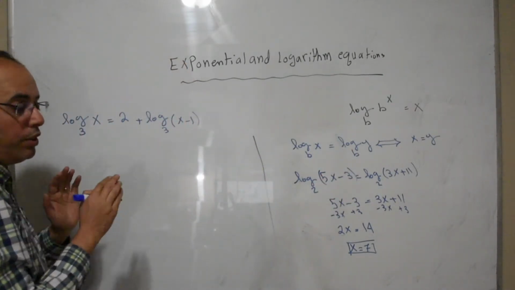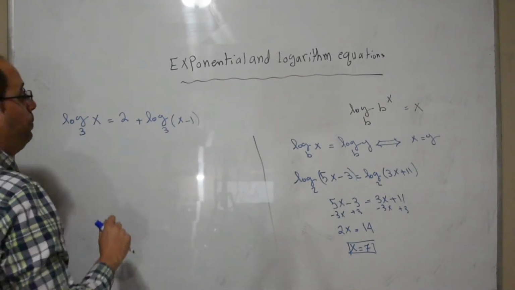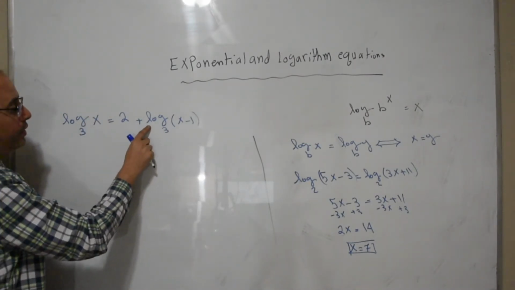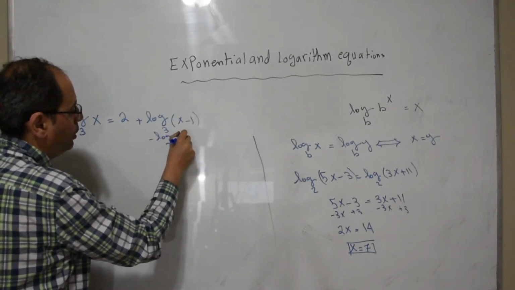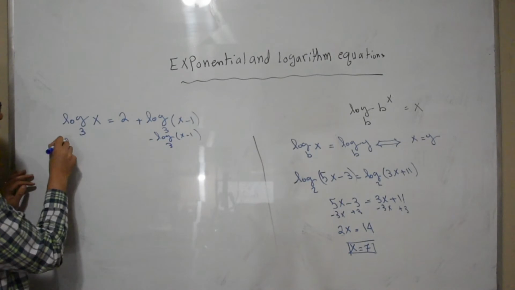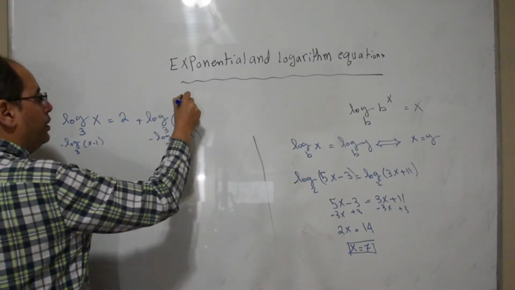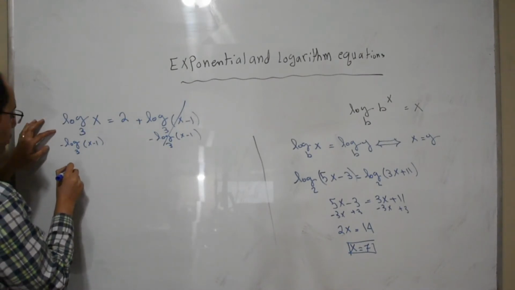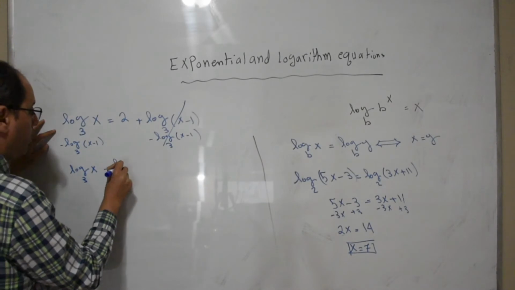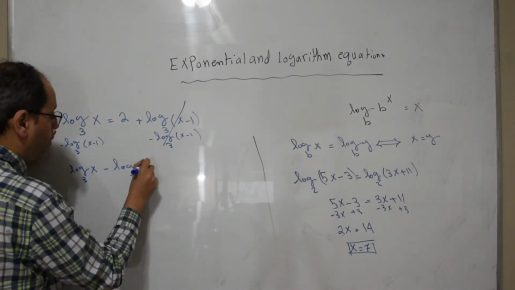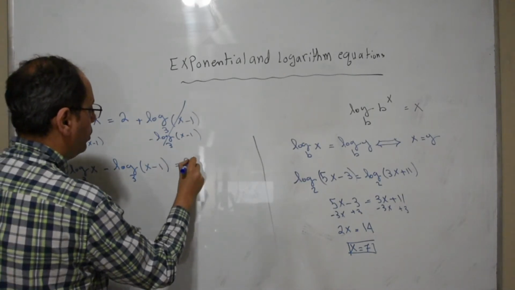The first thing you think about is to put the logs on one side because of this 2. So I will subtract log base 3 of x minus 1 from both sides. So this is cancelled out. I have here log base 3 of x minus log base 3 of x minus 1 equals 2.